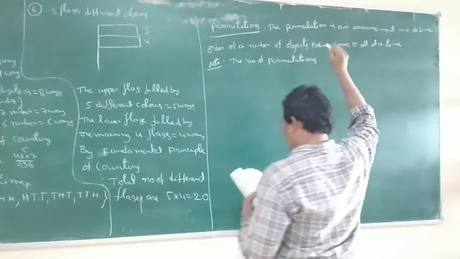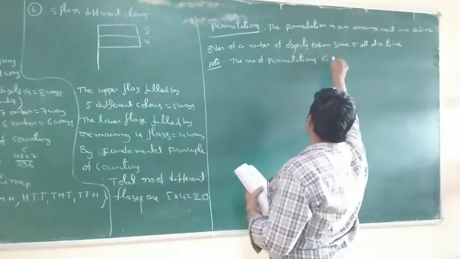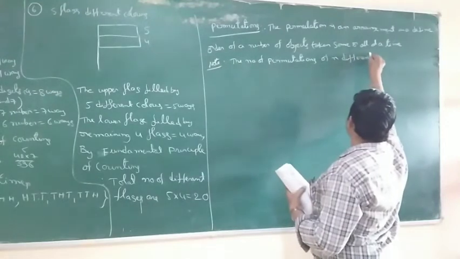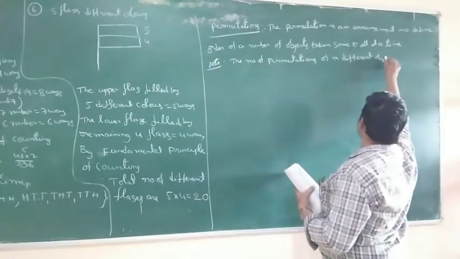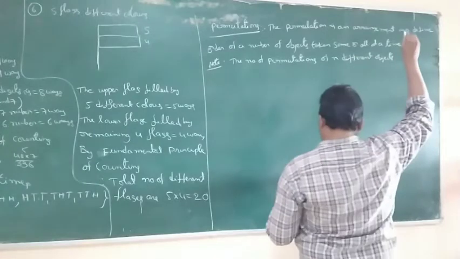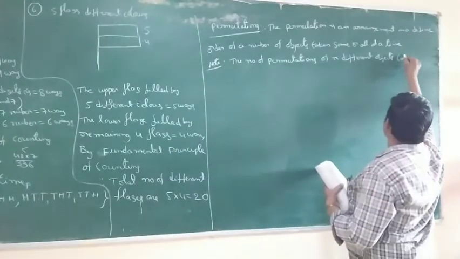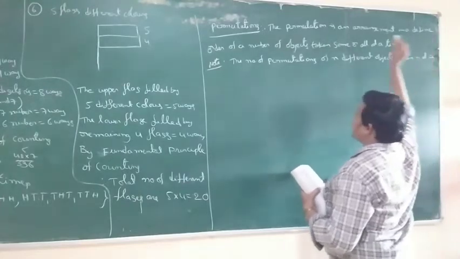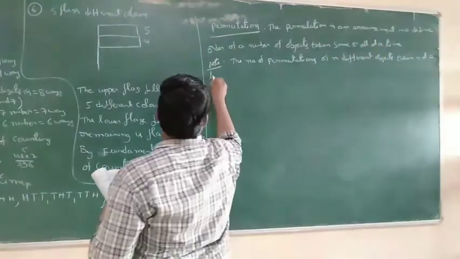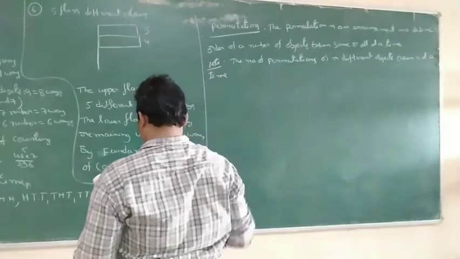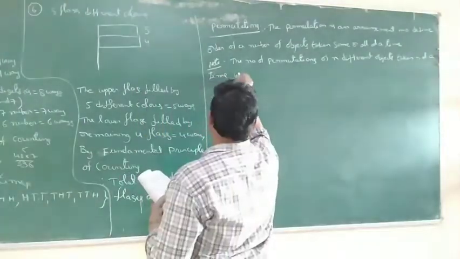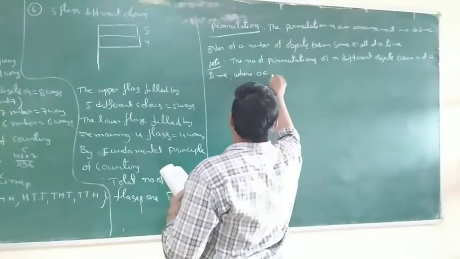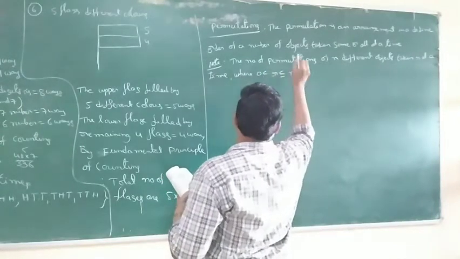The number of permutations of n different objects taken r at a time, where the condition is 0 less than or equal to r less than or equal to n.